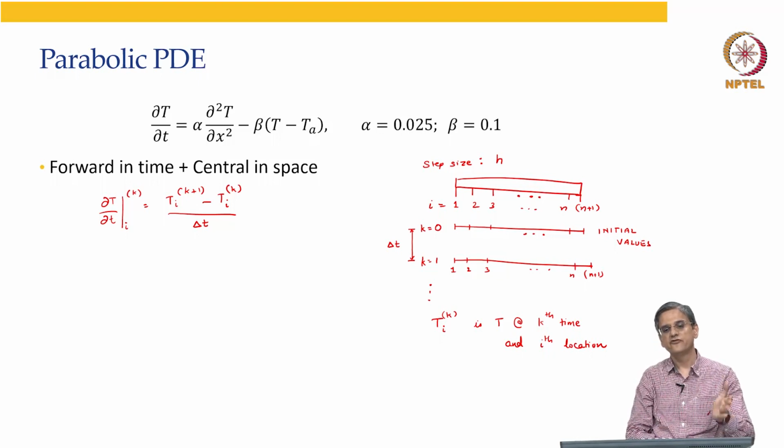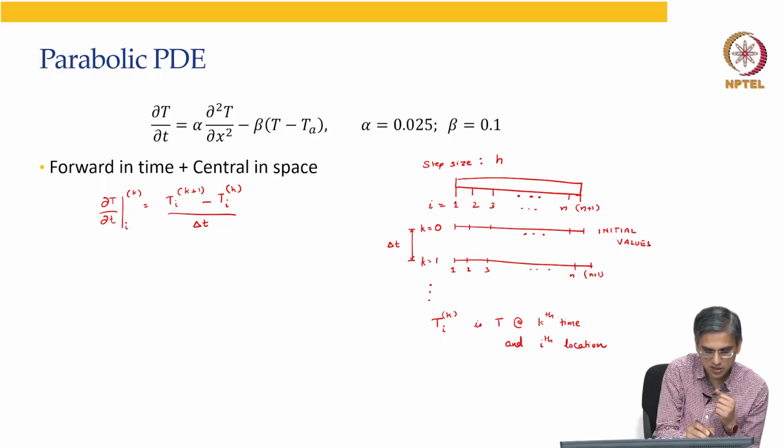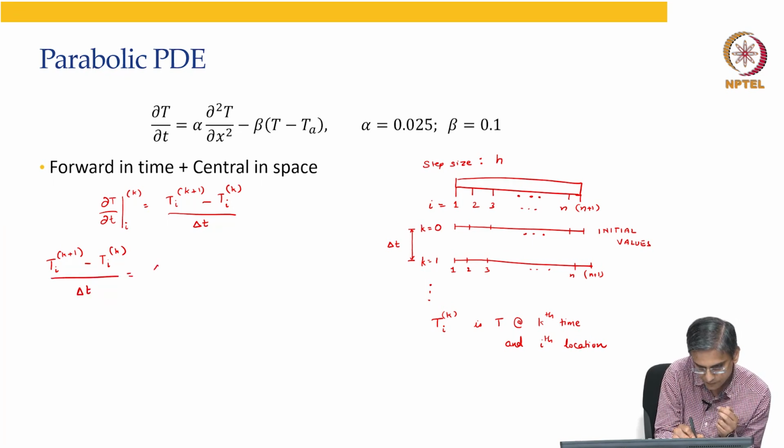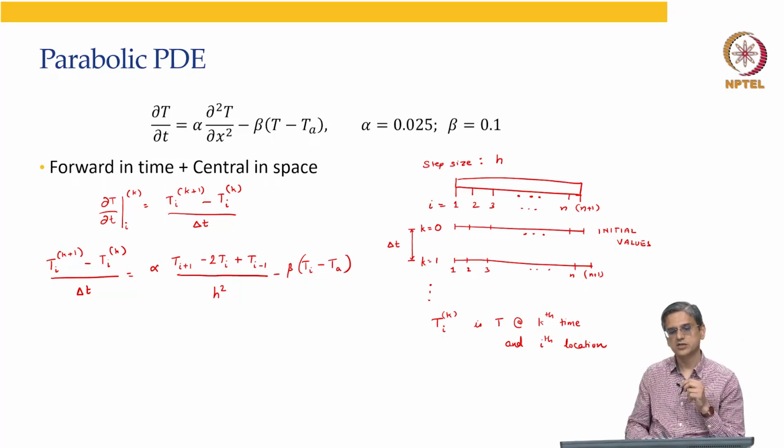What we have over on the right hand side is exactly what we did 2 lectures earlier. So, we will just do this, we will have Ti, okay, this is what we have.